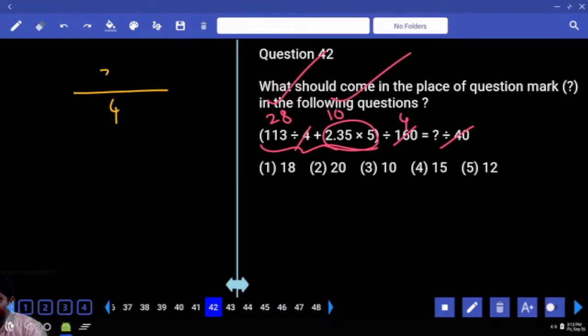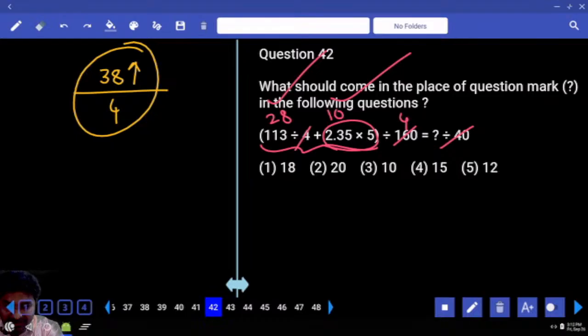So that will be definitely more than 38, correct? If it is 38 by 4, answer will be 9.5. But it should be more than that, because both our numbers are more than 28 and more than 10. Sum will be more than 38. Answer will be more than 9.5. But is it close to 9.5 or far more than 9.5?